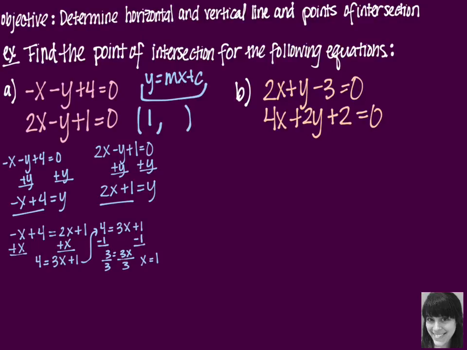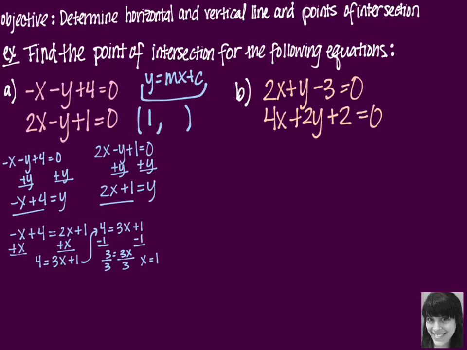Because they both equal y, I can set them equal to each other. And when I did that, that meant that I could solve for x. That's one point, that's the x value of the point at which they intersect. Because we want to know where they equal each other.